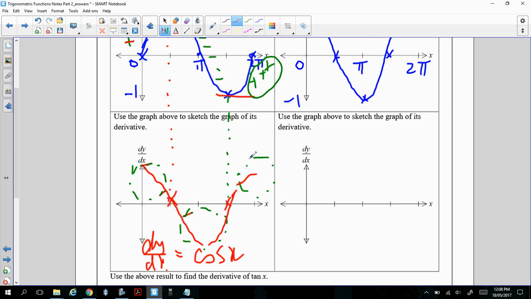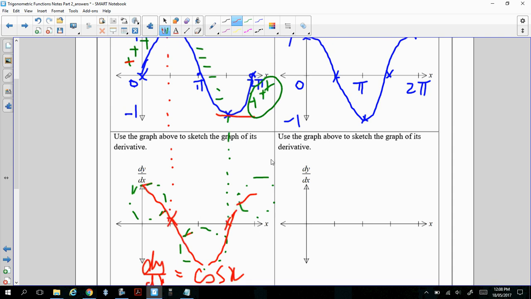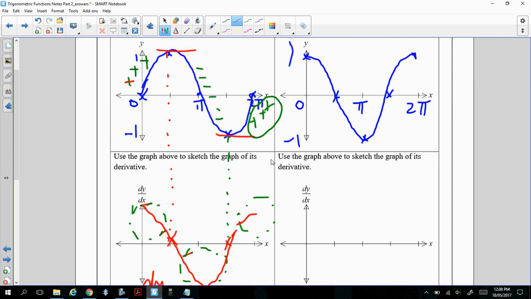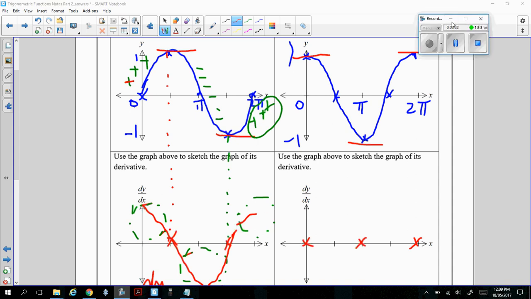And you can do the same thing with the other graph by finding the gradient. Noting that the stationary points are these places, it will be here, here, here. Note that it is stationary at the beginning and stationary at the end. And then look at this, it's negative.